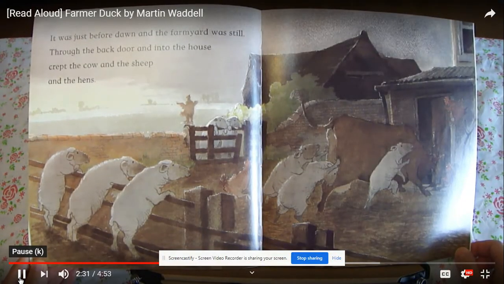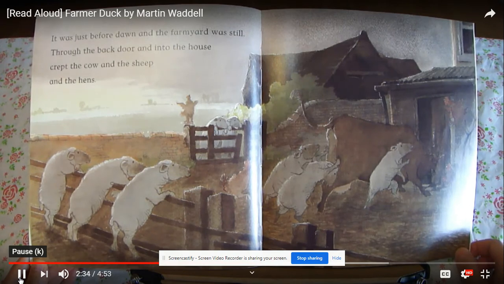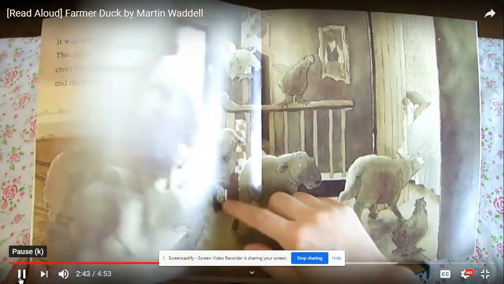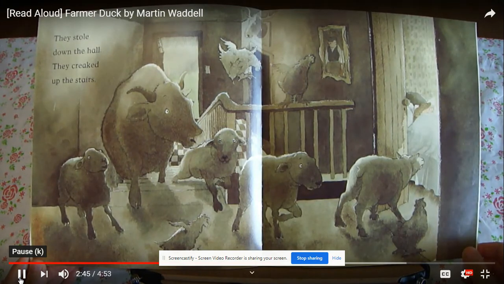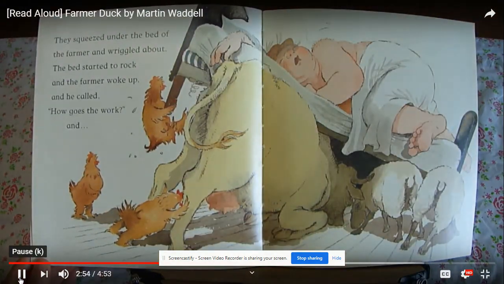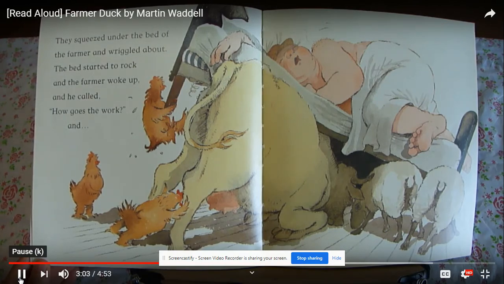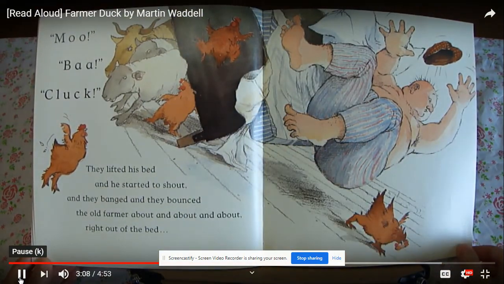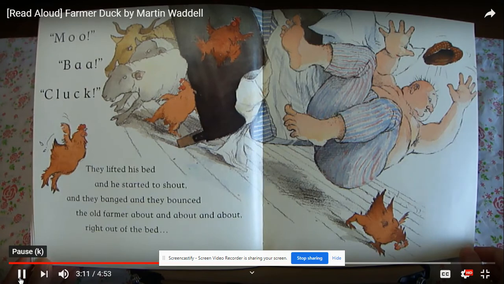It was just before dawn and the farmyard was still. Through the back door and into the house crept the cow and the sheep and the hens. They stole down the hall. They creaked up the stairs. They squeezed under the bed of the farmer and wriggled about. The bed started to rock, and the farmer woke up, and he called, "How goes the work?" And moo, bah, cluck.